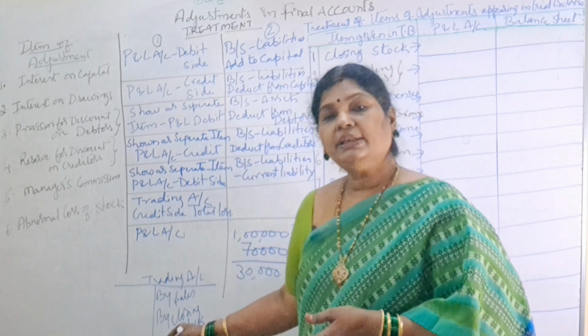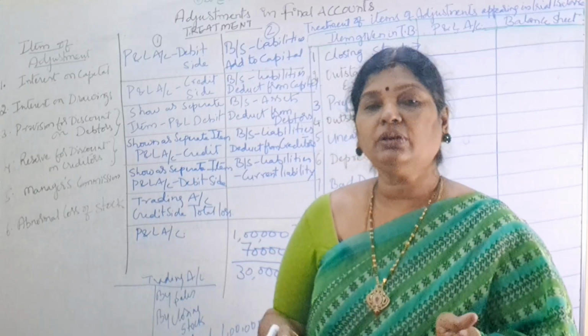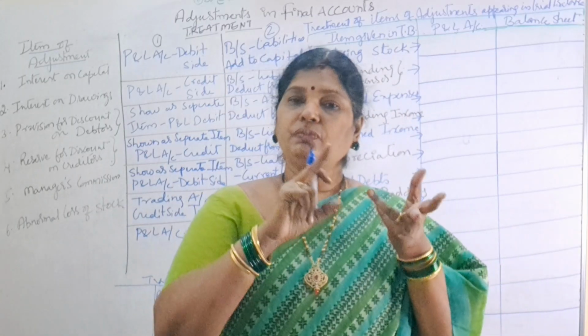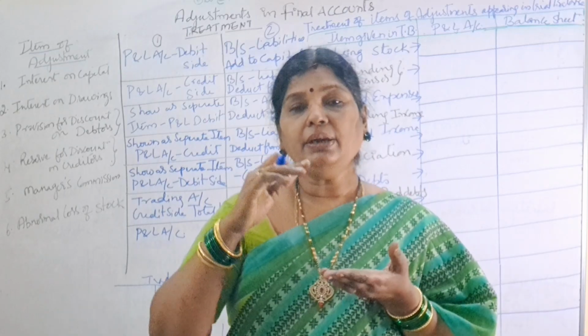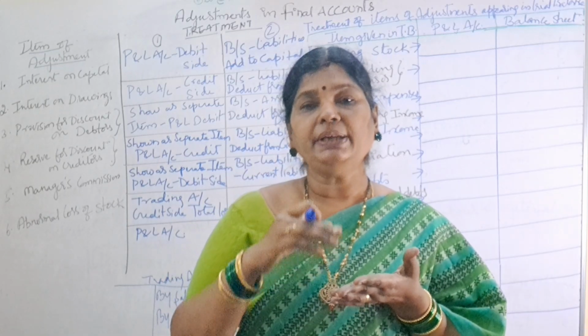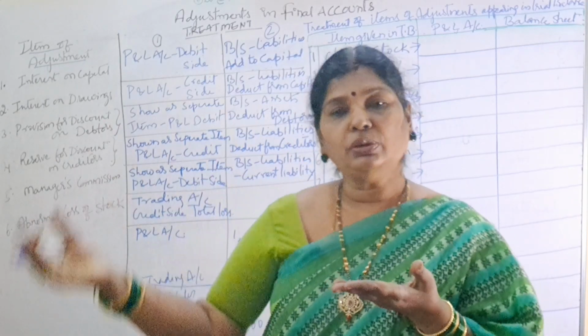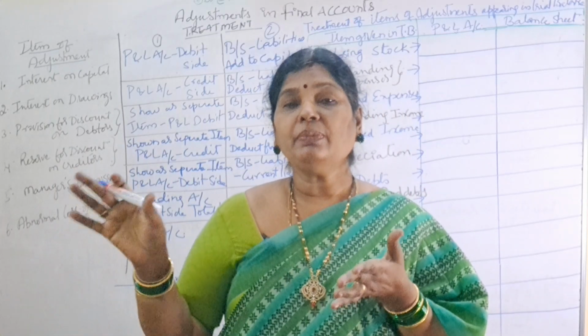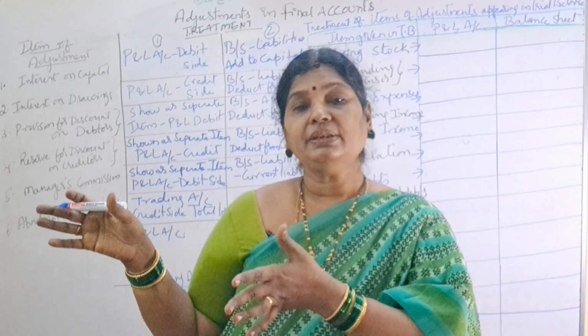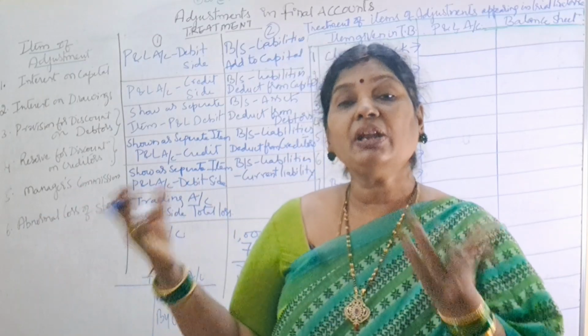Why are we writing on the credit side of the trading account? Because whatever opening stock we have, whatever purchases we have made, and out of this total opening stock and purchases, how much we have sold and how much stock is left over, if you show that, still some balance is not shown. What is that? That is our loss.